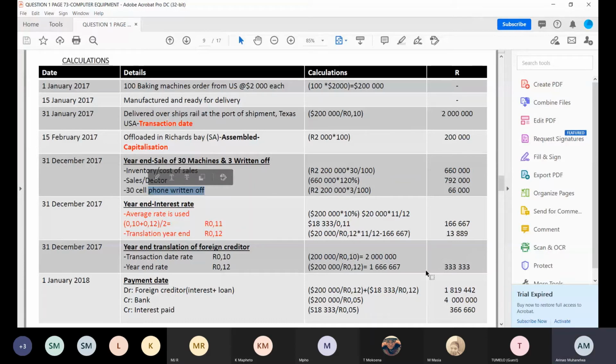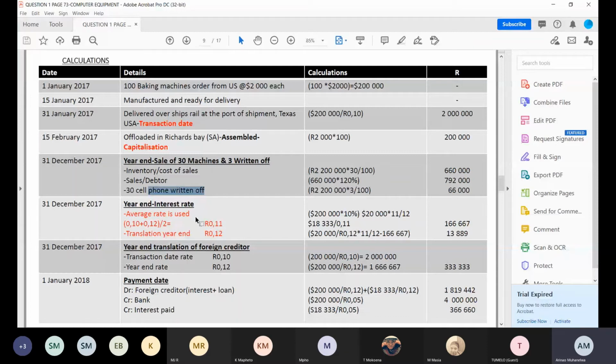I've indicated that because it is interest and expense, we use the average. We'll talk about how to calculate the average rate. Always be on the lookout.